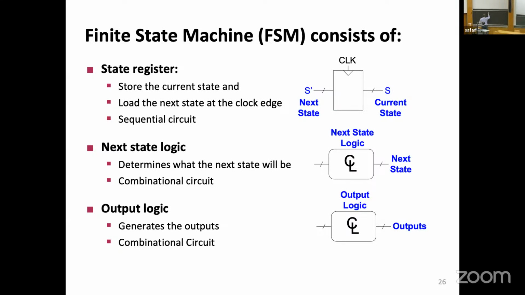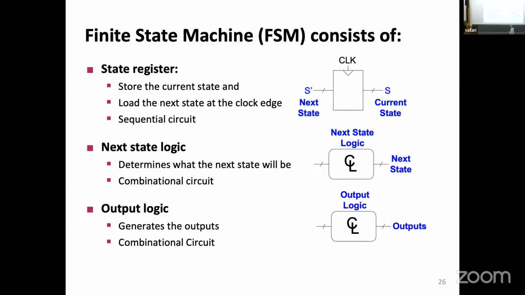The first part is the state register. This is essentially a bunch of flip-flops that, when the clock comes, switches the current state to the next state. That's all it does, a bunch of registers.